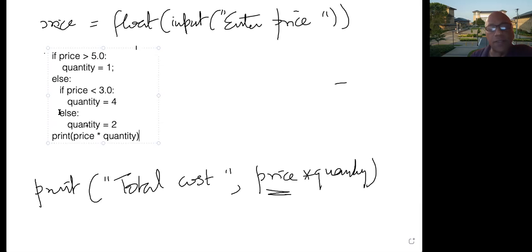Everything under the else is indented like this, so all of this is ignored. None of this will get selected. All are just left out of the execution process. This is the statement that gets selected because price is 6. Everything under the else is gone. Gone meaning ignored.